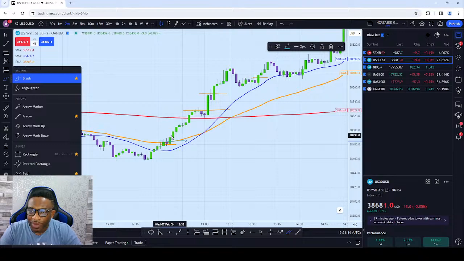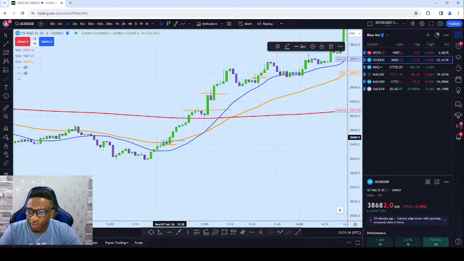But if you enter your trade on the confirmation candle, your entry will be somewhere here. So what I was saying is, you will more or less have a wider stop loss distance on the confirmation entry compared to the anticipation entry, which is on this candle.